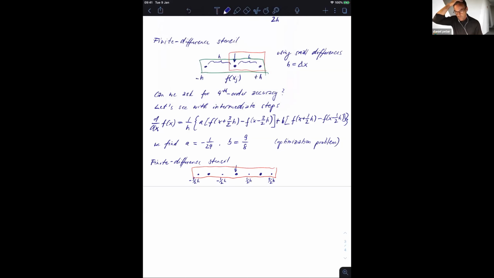So the observation I want you to come to is basically when we increase the order, the stencil becomes wider. So for fourth order accuracy, the stencil becomes bigger or wider.